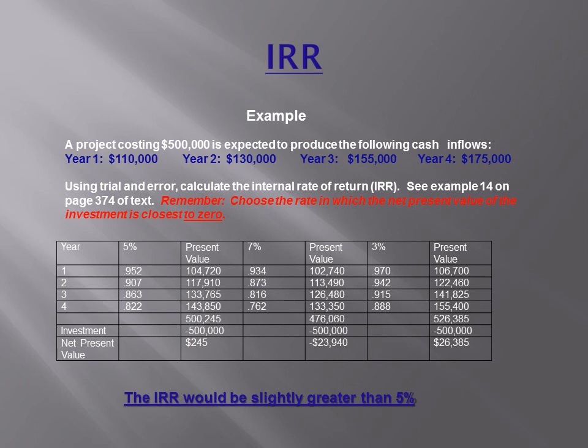You subtract your present value from your initial investment, and whichever net present value is closest to 0 tells you what your internal rate of return would be. So for this project, your internal rate of return will be a little bit greater than 5%. Please spend some time looking at examples in the text, and I will also post some additional practice problems as well.